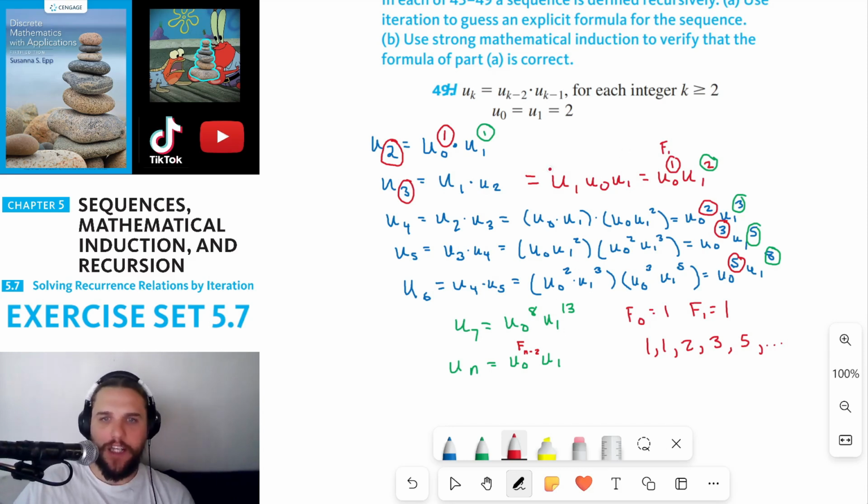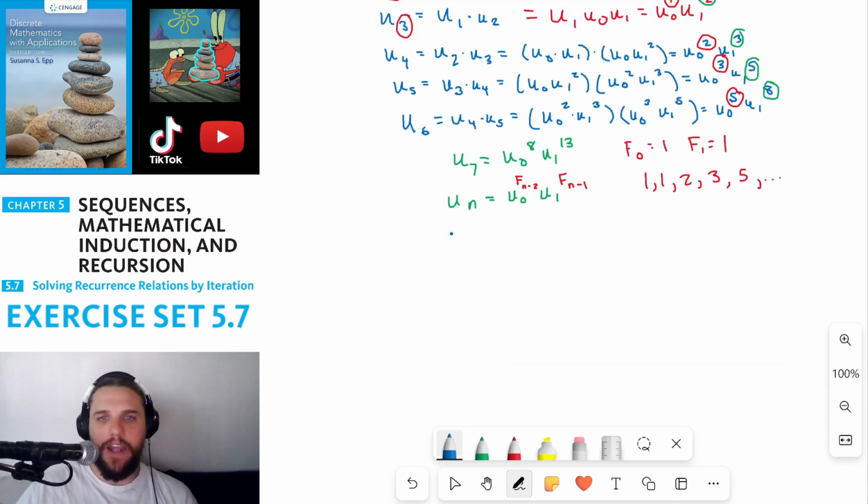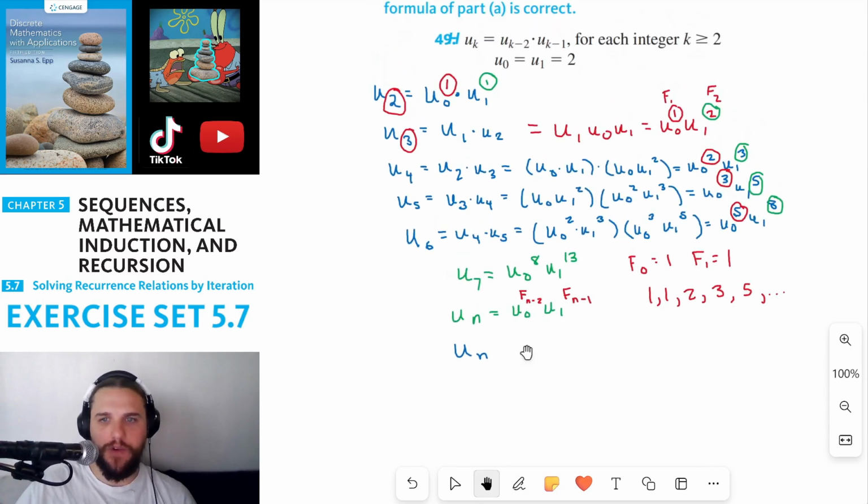Now for the other exponent, when the index is 3, the exponent of u sub 1 is f sub 2. The index here for this Fibonacci number is 1 less than the index of u. So this exponent will be f sub n minus 1. And then we can substitute our values for u sub 0 and u sub 1.